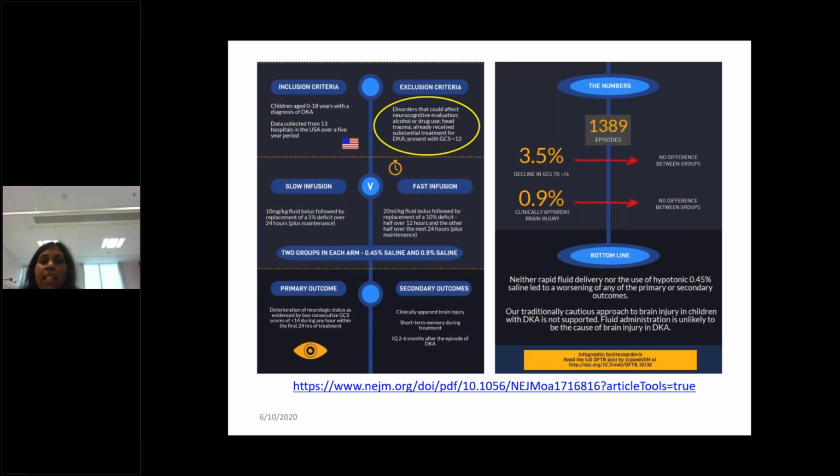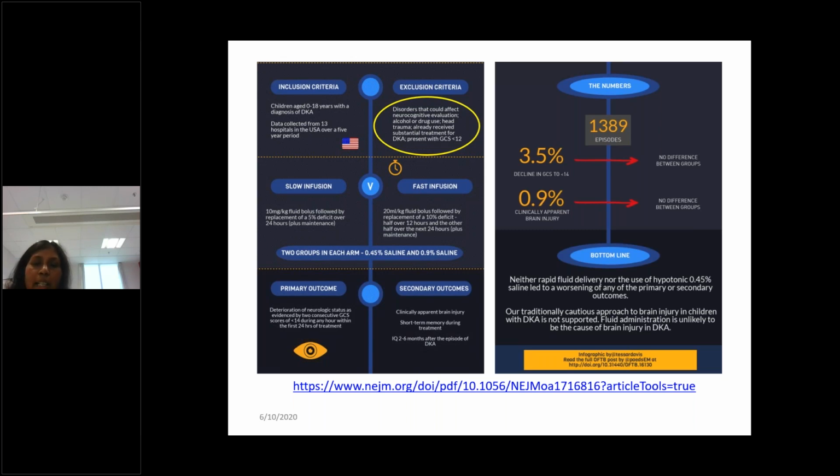And the most important thing is, they found that overall there was a decline in GCS to less than 14 in 3.5% of the study group, and between the 2 groups there was no difference at all whatsoever. And then again, they found 0.9% of clinically apparent brain injury, and again there was no difference between the two groups.